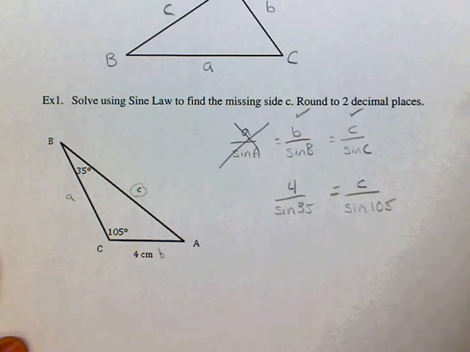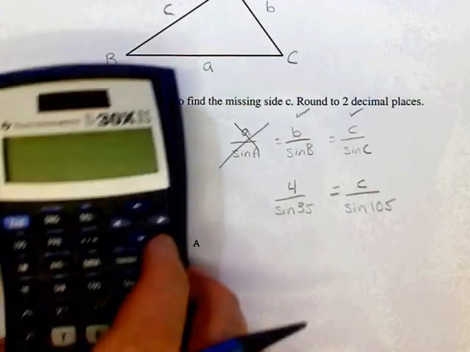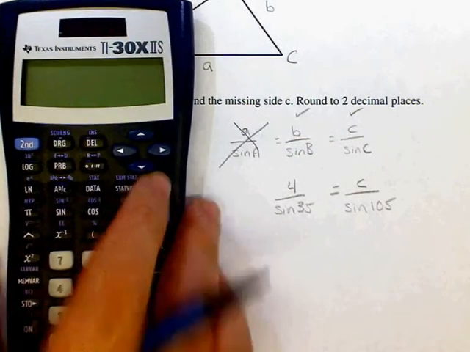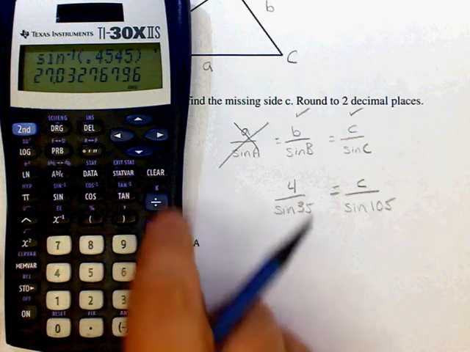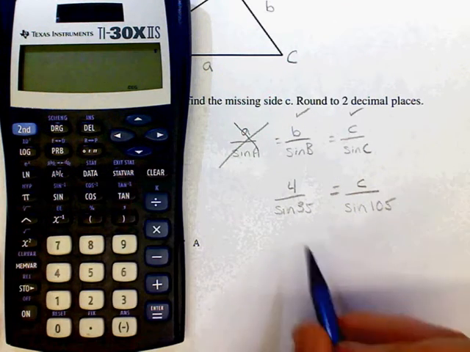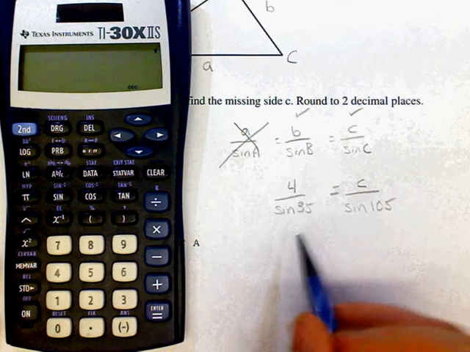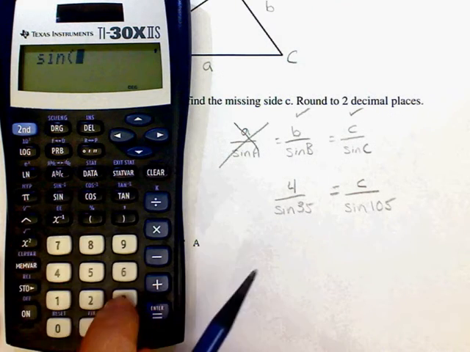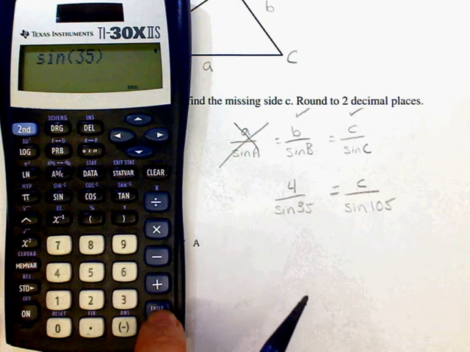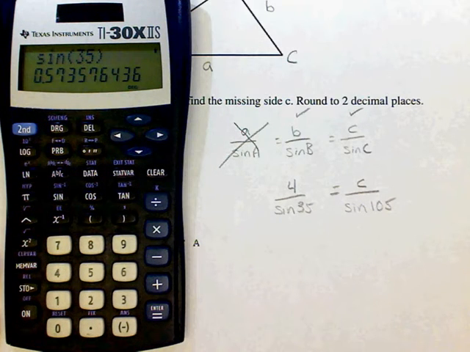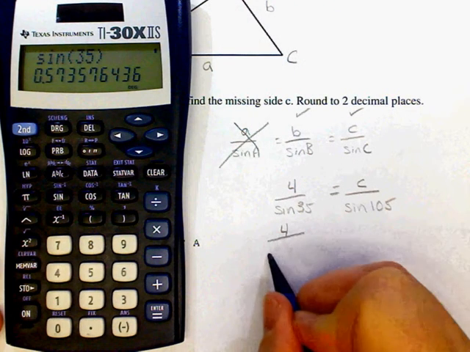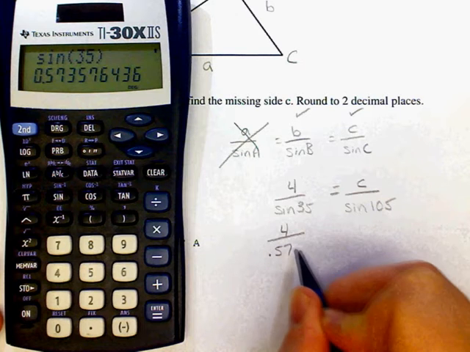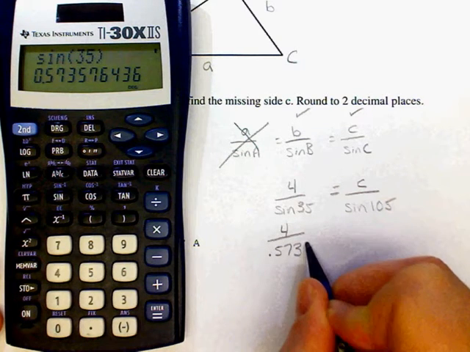Now let's turn to our calculator. Turn it on, clear it. Let's figure out the sine of 35. On this calculator, sine 35, close the brackets, equals 0.573576, and so forth. So I've got 4 over 0.5735.